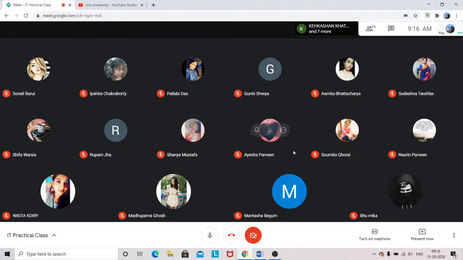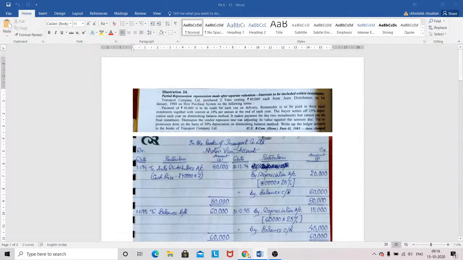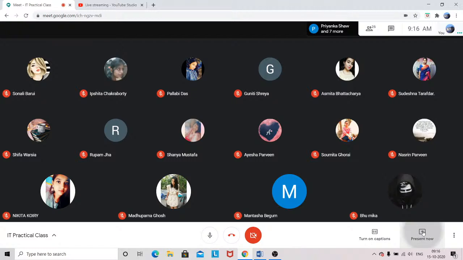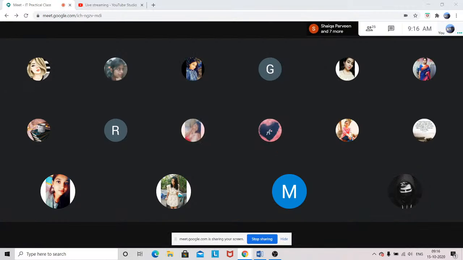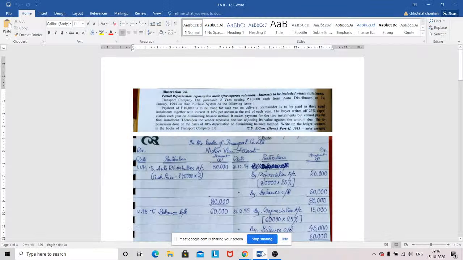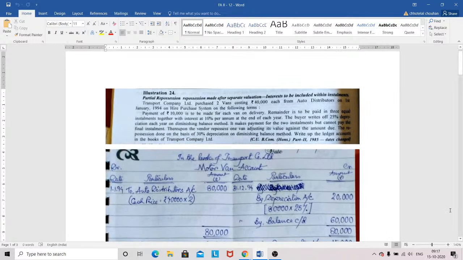Now I'm sharing my screen. Okay, first read out the sum, then solve it.